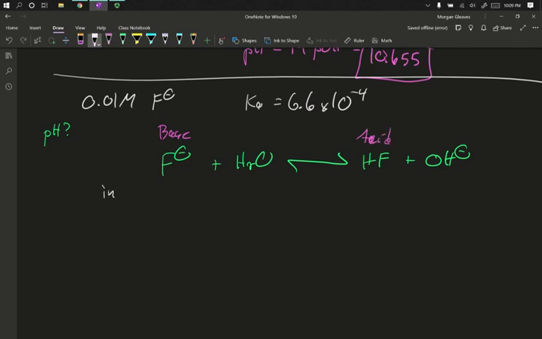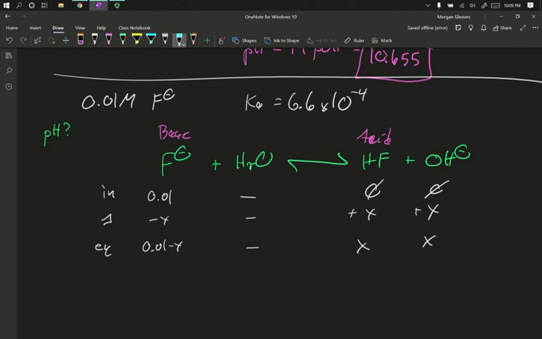Our initial concentration of F minus was 0.01. We had none of the others. There's a change. Our starting material will get used up. We'll make products. We'll reach equilibrium: 0.01 minus X, X and X. Again, I need a Kb because we are doing the base reaction here.